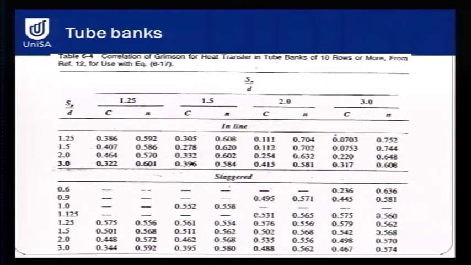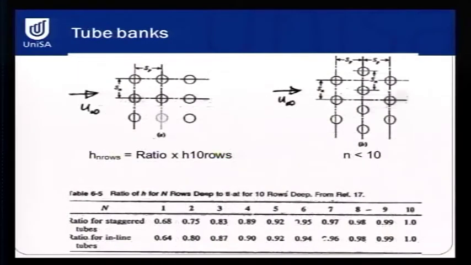So that's Sn on D. So once we have determined Sn on D and Sp on D, then we can find the value of C and N and put it in our Nusselt number equation. And you can see here we have two different tables, one for the inline and one for the staggered values, to enable us to find the Nusselt number. And once we find the Nusselt number, the rest follows.